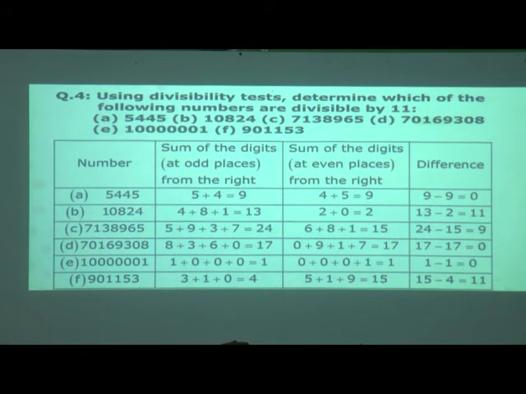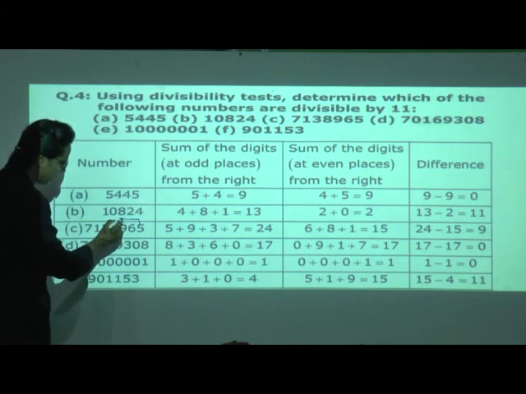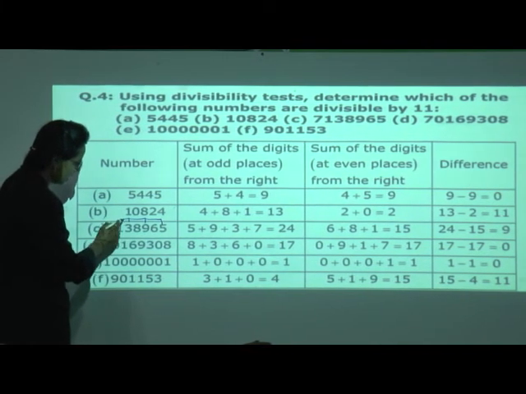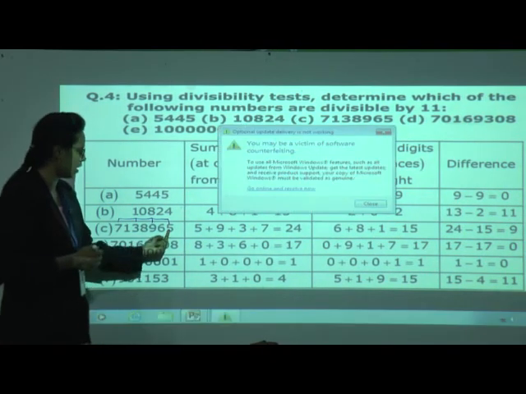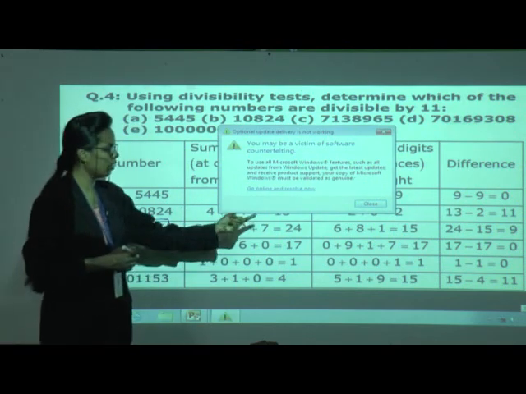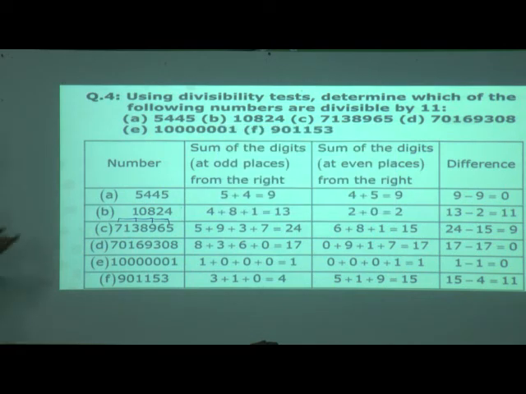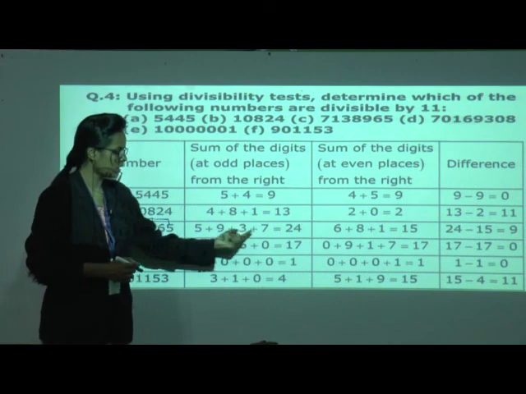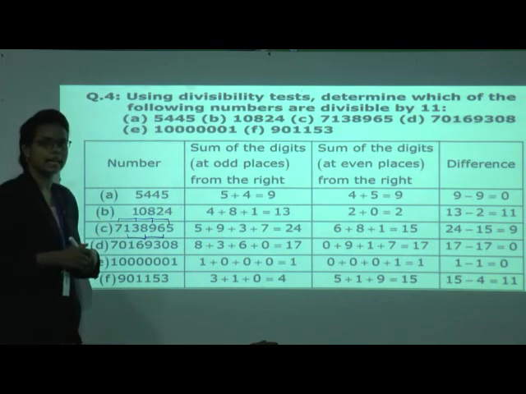Now let us see the next number. We take odd places from the right side, that is 5, 9, 3 and then 7. So 5 plus 9 plus 3 plus 7, we got 24. Now the even places, 6, 8 and 1.